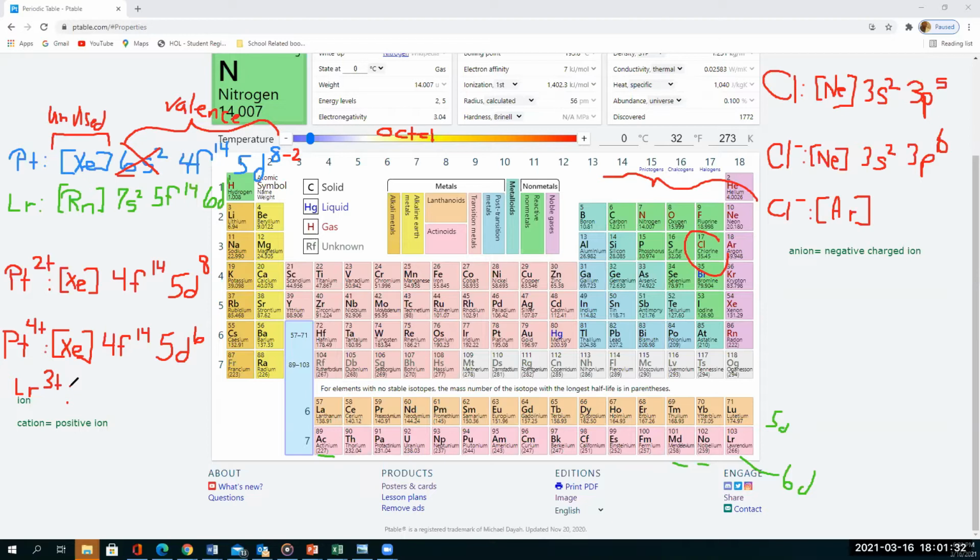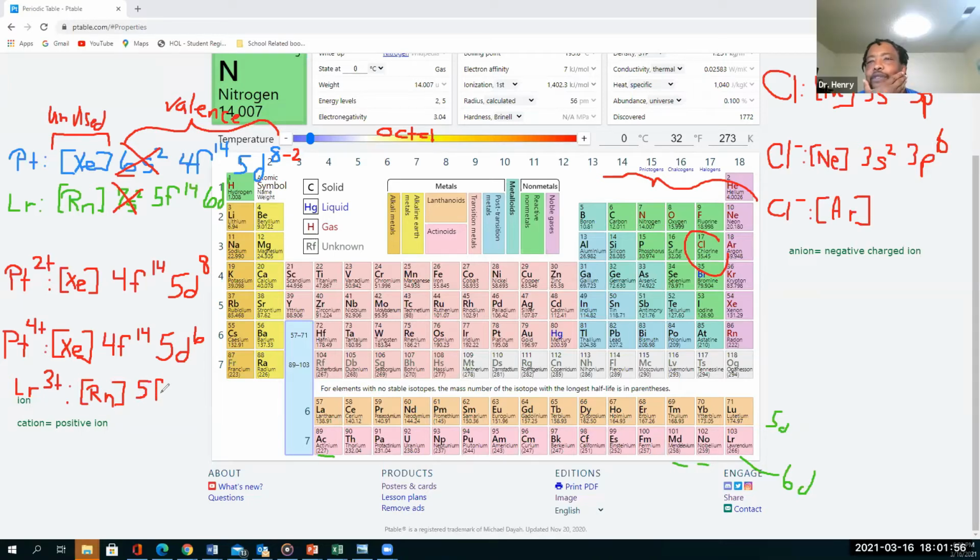We'll take away from the 7s2, two of those. We'll put our core in first, Rn. So we're going to take away from this one, and then we'll only be left with 5f14, because since we need to remove 3, we're going to take away from the d. That is correct. So we'll only be left with 5f14.